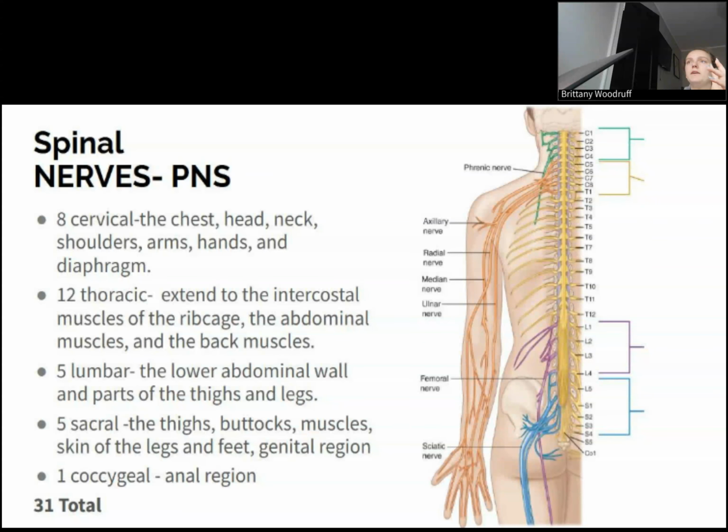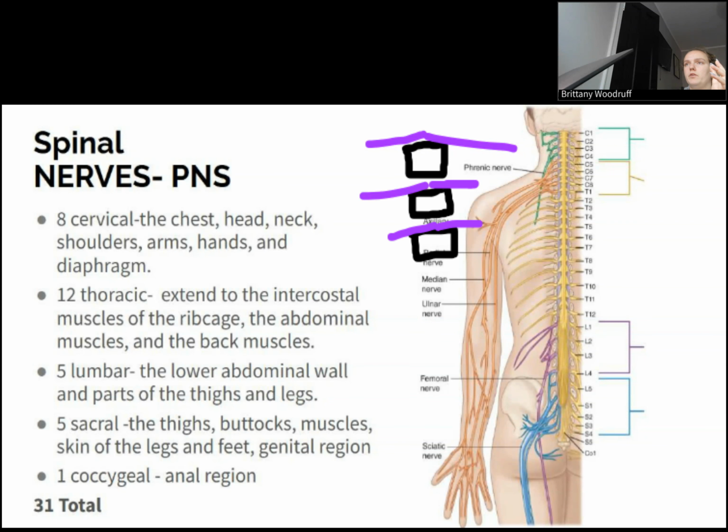If you have your vertebrae like this, you are going to have nerves coming out above and below. So you have nerves here, one nerve here, one nerve here.